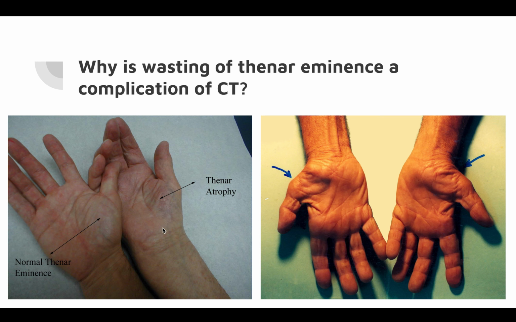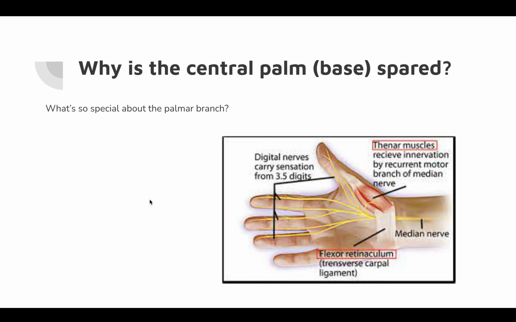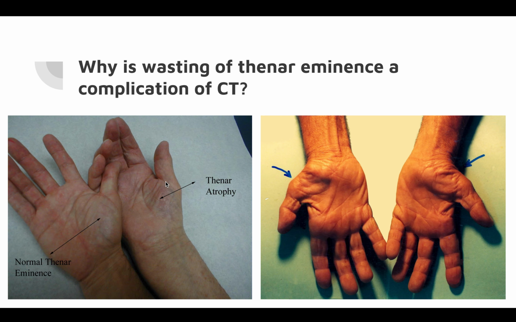So the median nerve is going through here at the level of the carpal tunnel. After the carpal tunnel, it gives off a branch called the recurrent nerve. Because it's after the carpal tunnel, repeated compression over time would cause the damage to prolong and extend up to here, and that is what would cause your thenar atrophy.